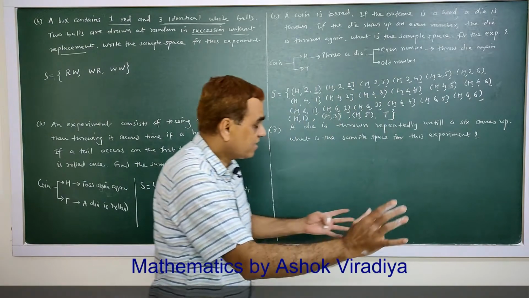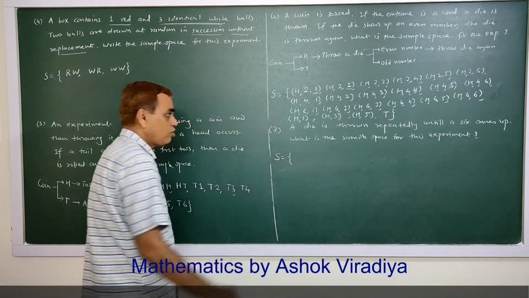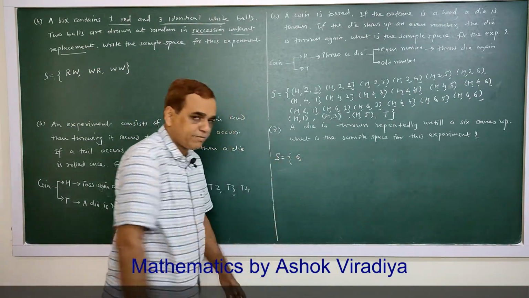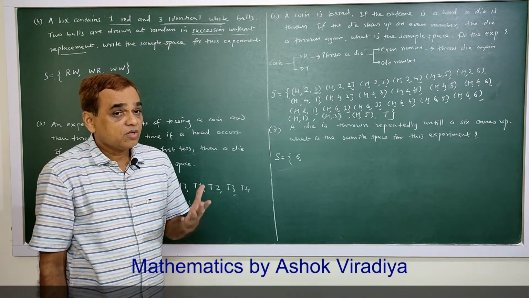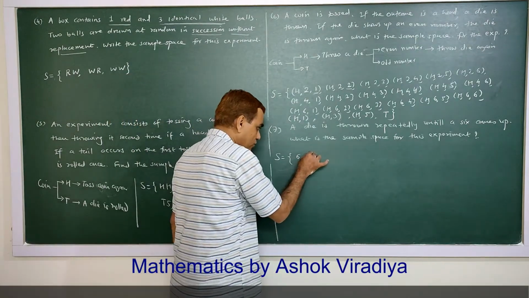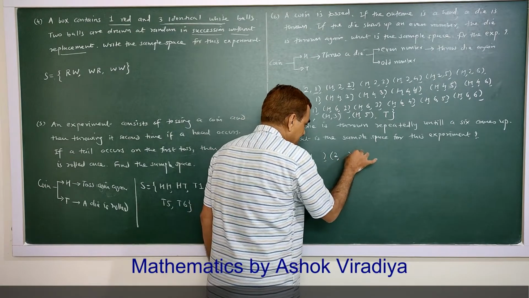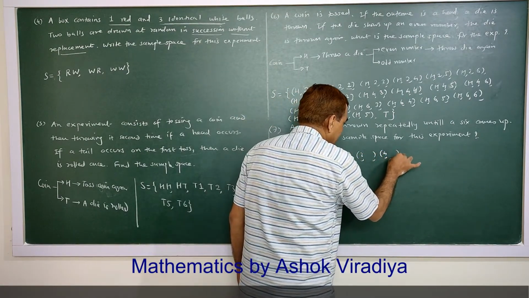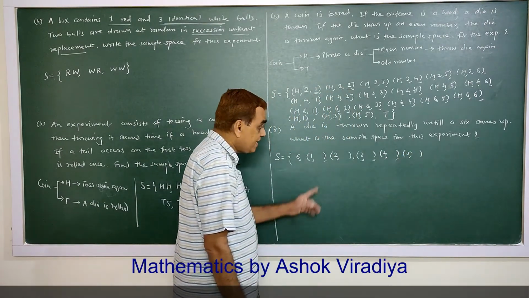So let us put here all possible outcomes. Toss a die. On the first toss, 6 appears, the experiment is over. Now, if on the first toss 6 has not appeared, suppose on the first toss 1 appears, or 2, 3, 4, or 5 appears, then toss a die a second time.